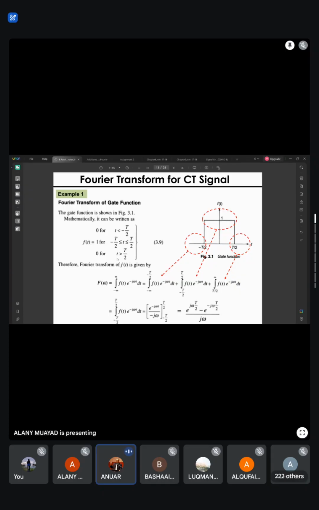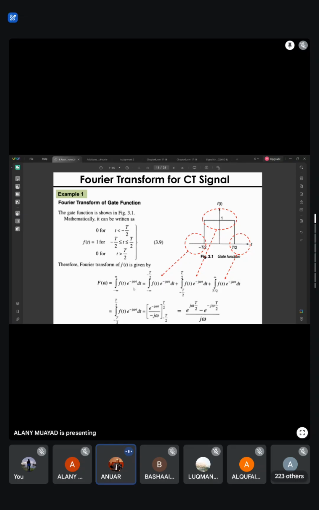For the integration, you only need to do the rectangle part, where the amplitude is equal to 1. For the zero part you no need to integrate, because the result will be 0.